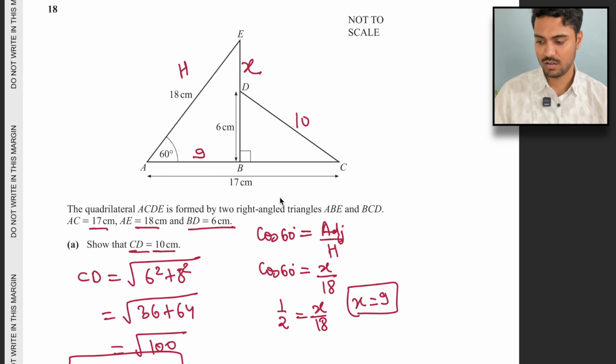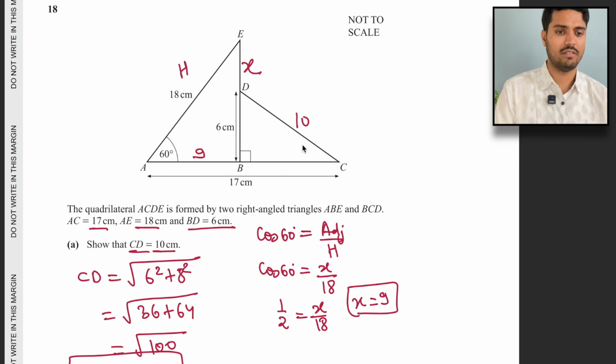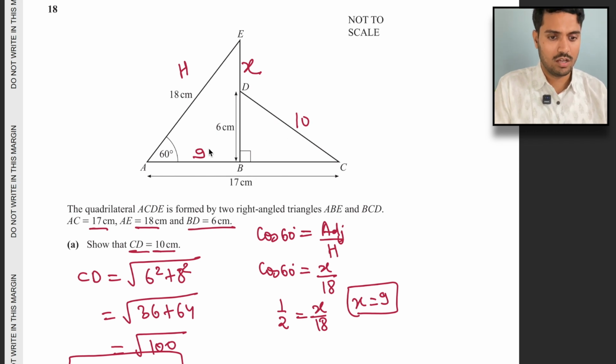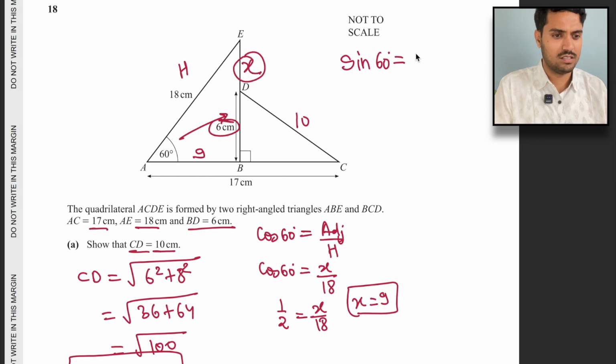Let's check. So what we can do, we can find the value of x using sine, because sine theta is equal to opposite upon hypotenuse. So let's check. Sine 60 is equal to opposite, that is 6 plus x, upon hypotenuse, that is 18.